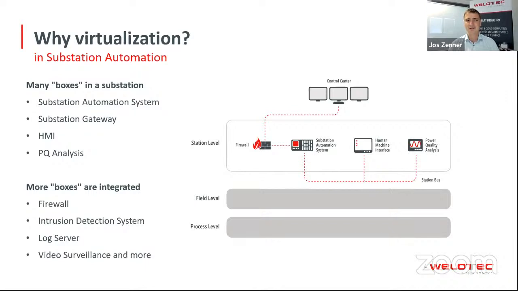Besides the typical substation functions like automation system, gateway, and so on, you can also virtualize IT and OT security solutions. So like firewall, intrusion detection system, or some additional log server to log events, or even for physical security, video surveillance systems and key lock system and so on.